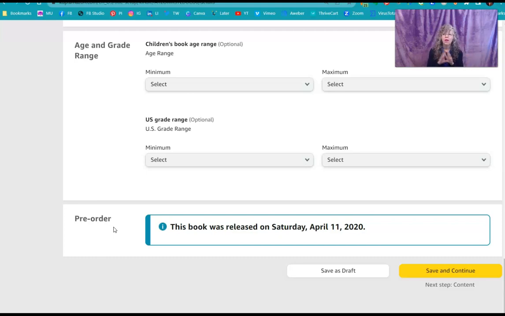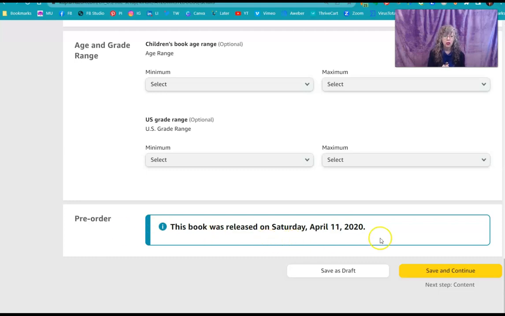And I'm going to find everybody I can think of to help support me and mail out and post on social media on a particular day. And so you would pick pre-order and you'd say what the date's going to be that you actually want to make the book available to the public. So people can go ahead and buy it, but it won't ship until the date that you chose. Okay, that's how that works.